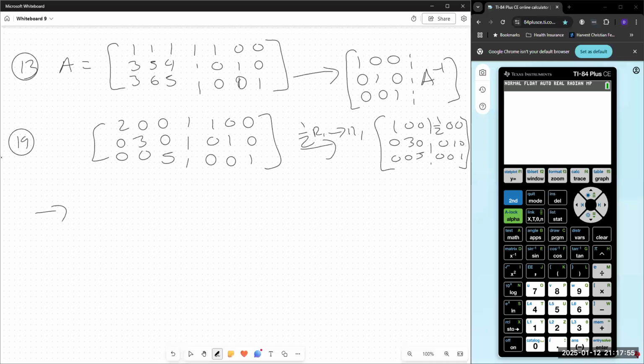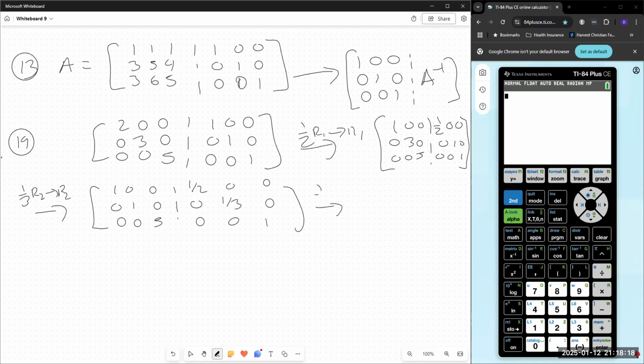Next step I'm going to take is 1/3 of row 2 to produce a new row 2. And that's going to give me 1, 0, 0, 1/2, 0, 0, 0, 1, 0, 0, 1/3, 0, 0, 0, 5, 0, 0, 1.